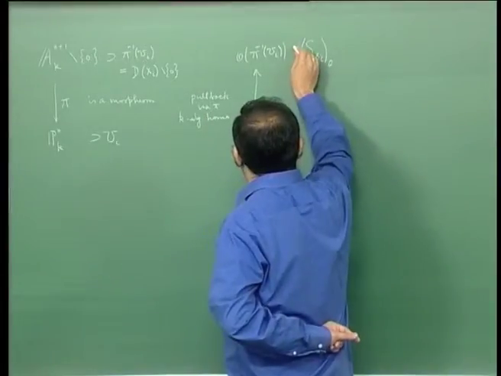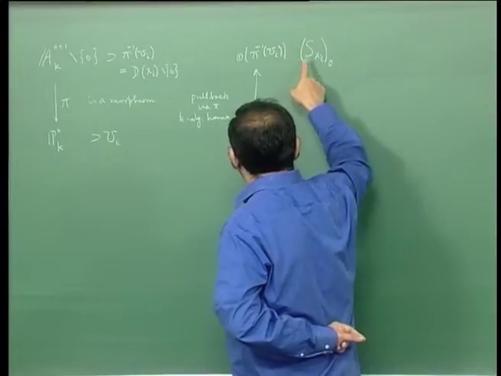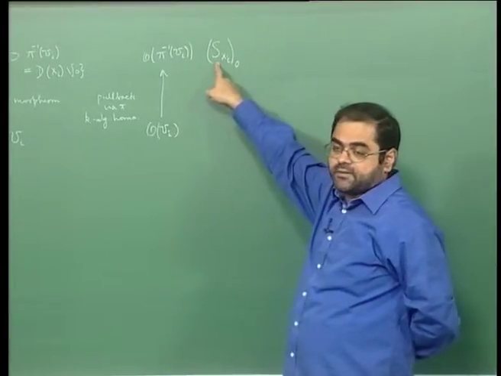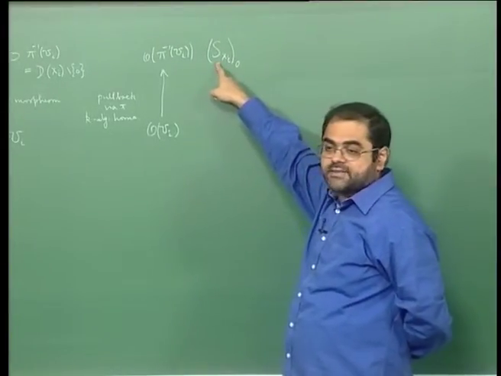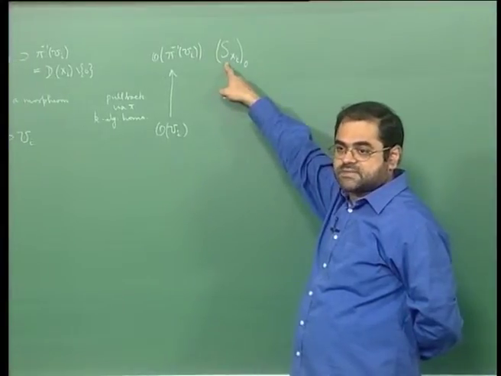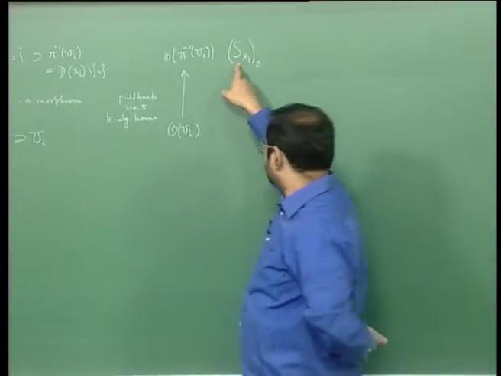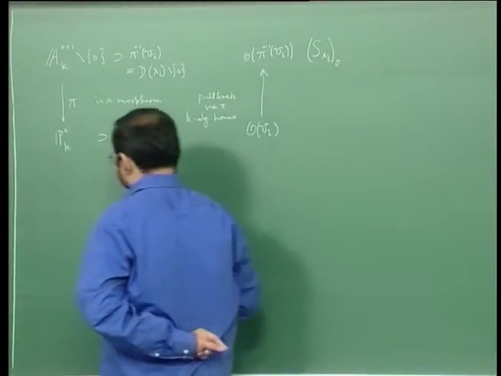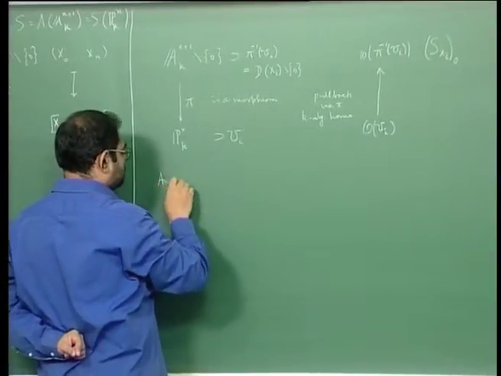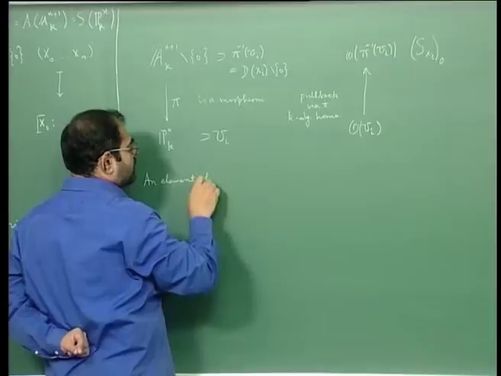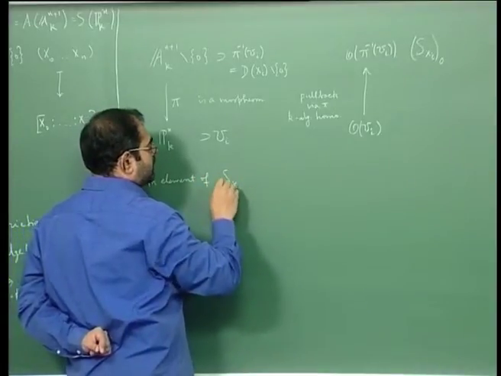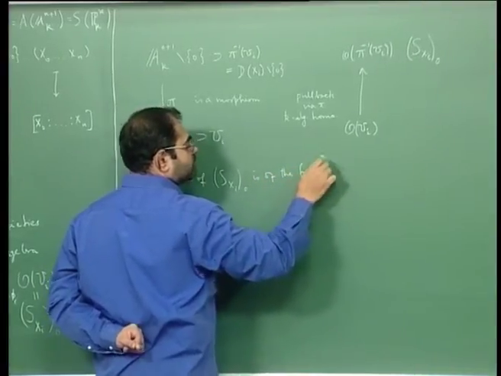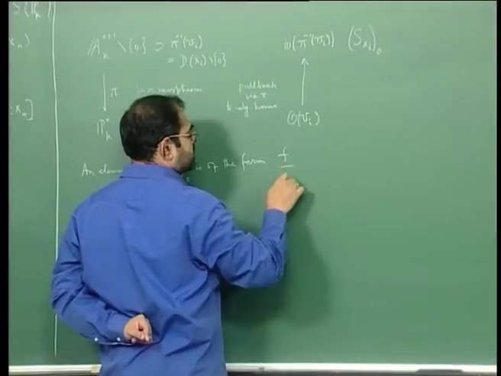First thing is, certainly, if you take an element here, it is of the form f by xi to the power of degree f, where f is homogeneous of a certain degree. So an element of S_xi, degree 0, is of the form f by xi to the degree f.